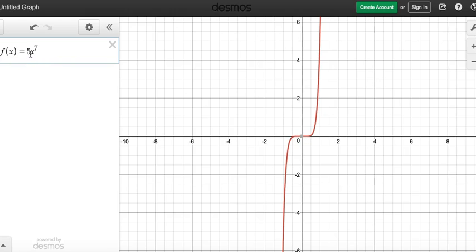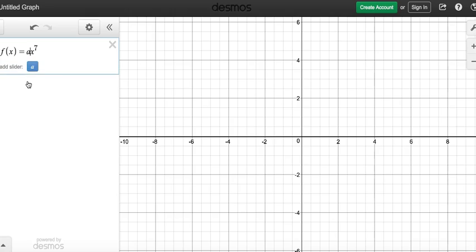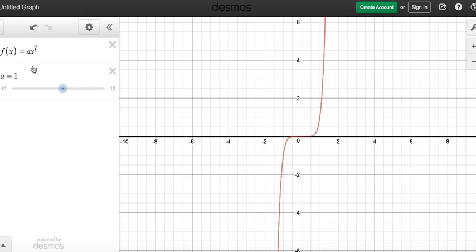But what's interesting is I'm going to make this actually an A, and then introduce a slider, and just check out what happens as we increase A. So if we go from A is 2 right there, A is 3. I'm wondering, what are you noticing of what's happening to our graph as we just keep sliding this bad boy over?